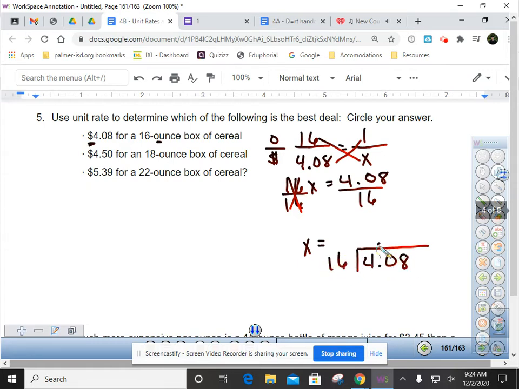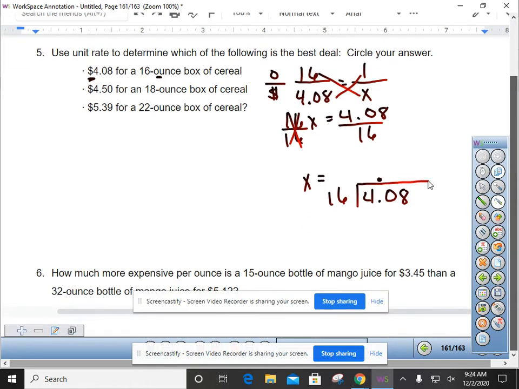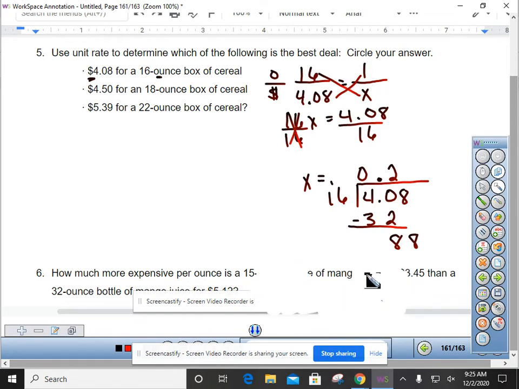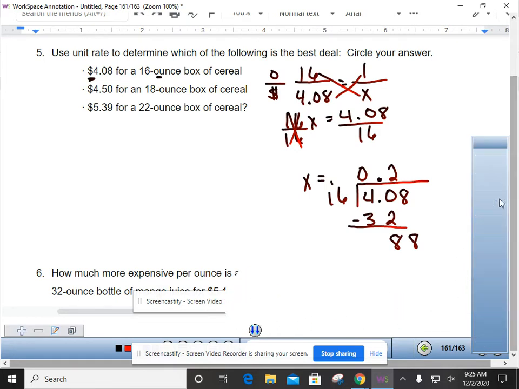First thing you do, decimal. Will 16 go into 4? No. Will it go into 40? Yes. How many times? 3 times. 3 times 16 is 48, no wait, 2 times. That's 32. What do you have left? 8. Will 16 go into 88? How many times? 7? We'll try it and see.